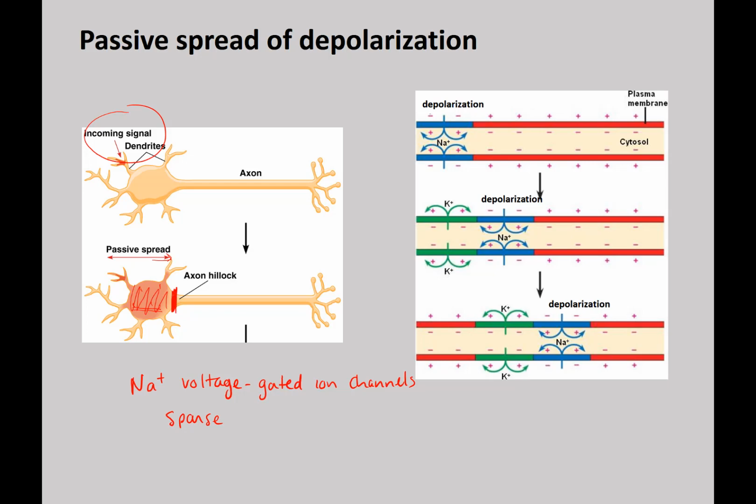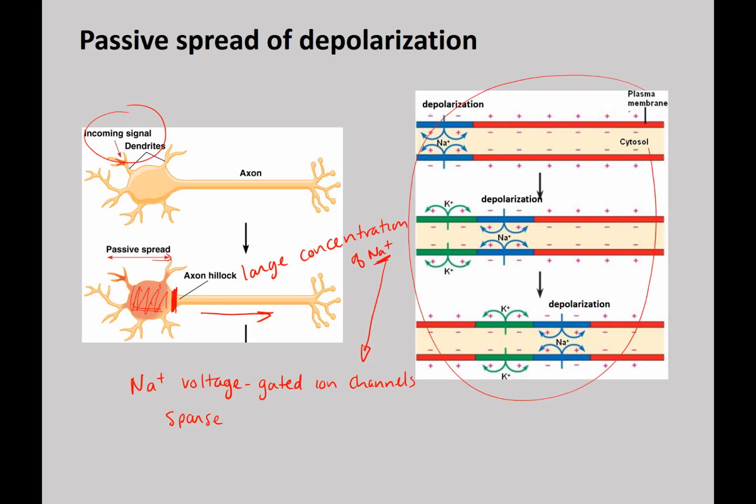At the axon hillock, this is where there's a large concentration, or large number, of sodium voltage gated ion channels. So now all of a sudden you can get these opening, and you can get this increase in positive charge, and that's going to reach past threshold, and then we're going to talk about active propagation of the signal.